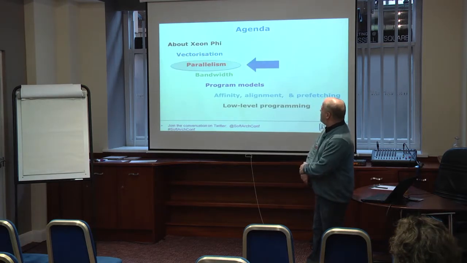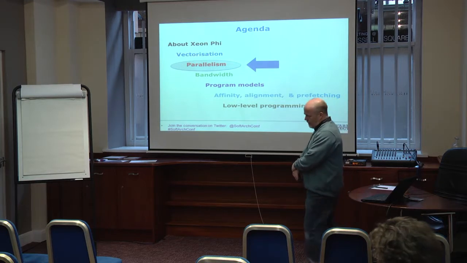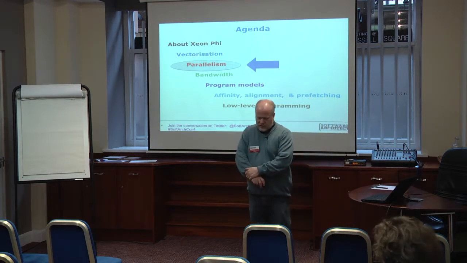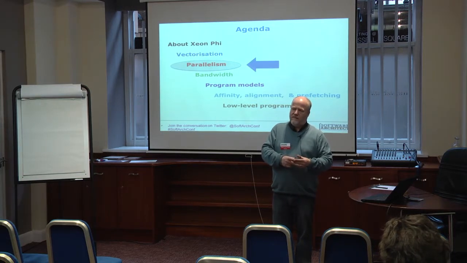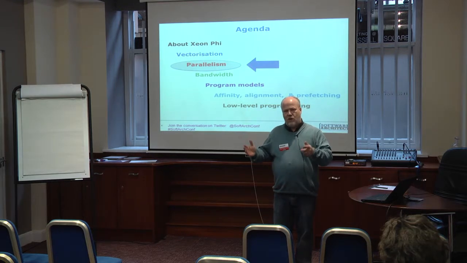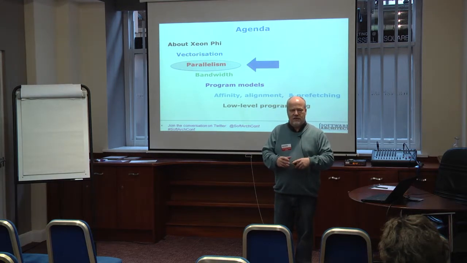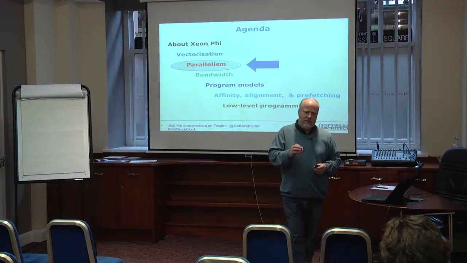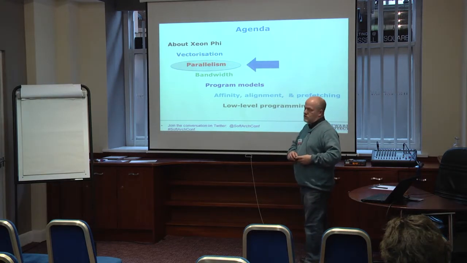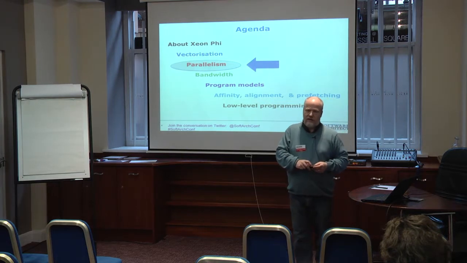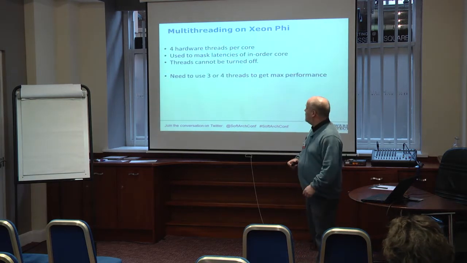Okay, that's something about vectorization. Just to sum up, vectorization means that your code can take advantage of these extra wide SIMD registers that, along with the compiler, will get you good performance. But vectorization on its own is of no use unless you make your code parallel. Some of you are already writing parallel code.